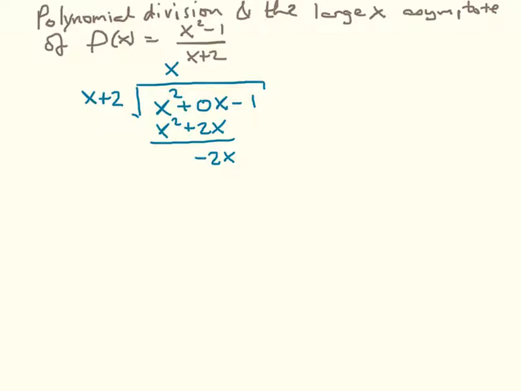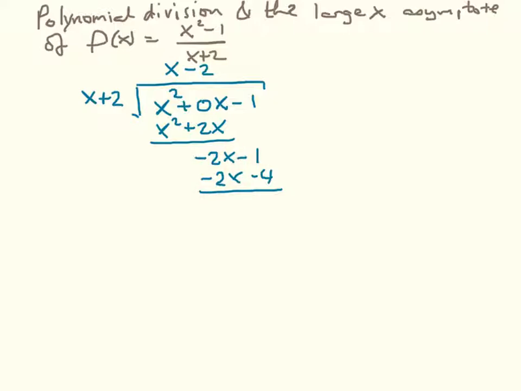I'll now rewrite the minus 1 here, and now I recognize that if I again want to divide this into here, I need to multiply the x here by minus 2, so I'm going to write minus 2 here, and I write minus 2x, and then 2 times minus 2 is going to give us minus 4. So now we subtract these, and again by construction the minus 2x's will cancel.